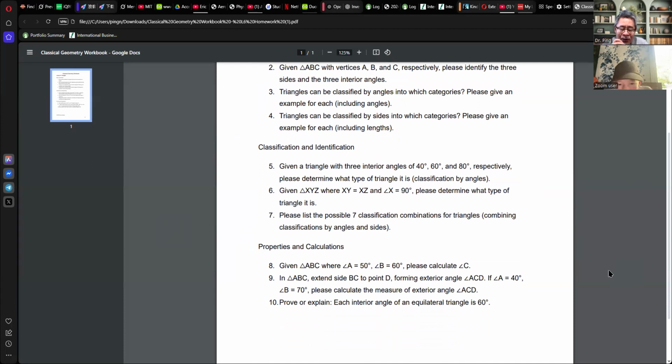Given a triangle with 3 interior angles, 40 degrees, 60 degrees, and 80 degrees respectively, please determine what type of triangle it is.